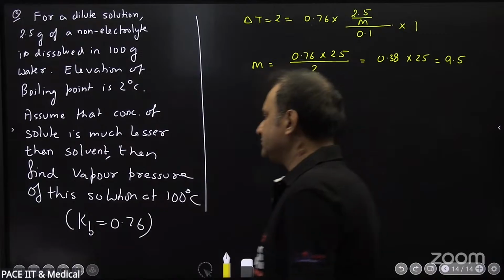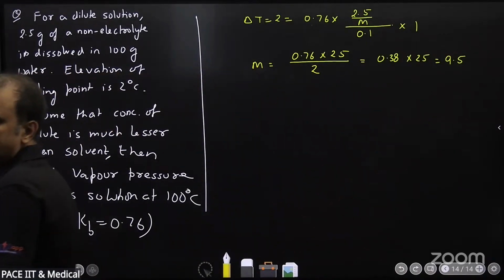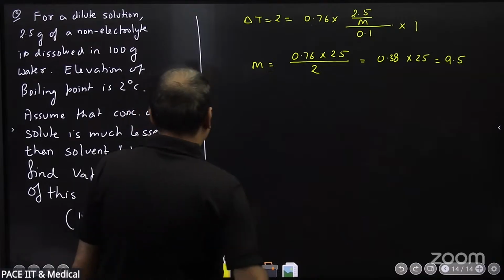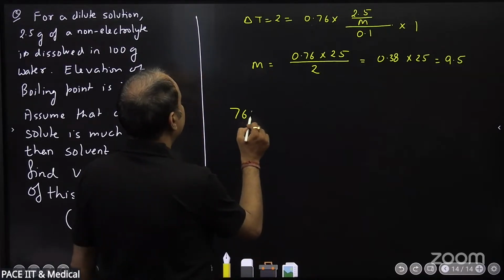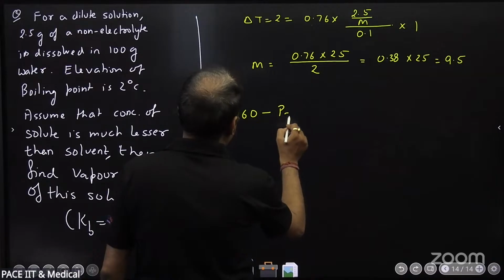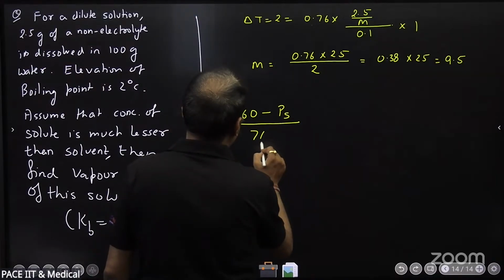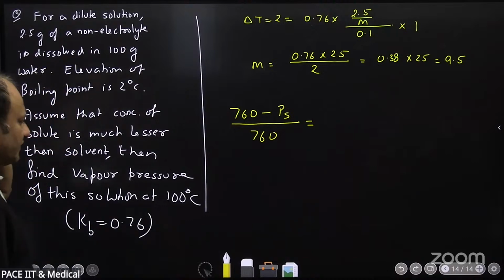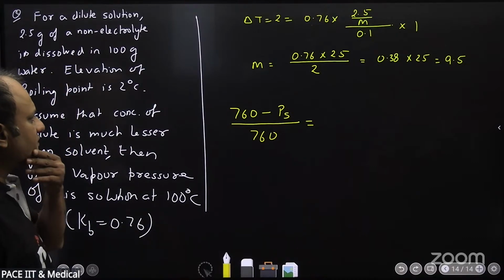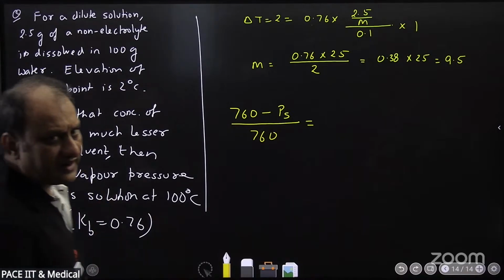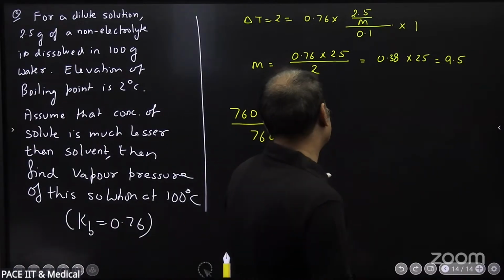Now we are asked to find the vapor pressure. Pure water at 100 degrees has a vapor pressure of 760. So 760 minus PS upon 760 should be equal to the mole fraction of solute. And the problem has already told us to assume the concentration of solute is much lesser.